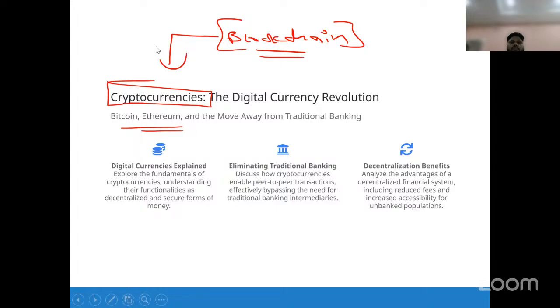Bitcoin, Ethereum, all of these cryptocurrencies are your digital money. They are totally decentralized. There is no single person or any government who is going to control them. There is nobody specifically who is going to control them.